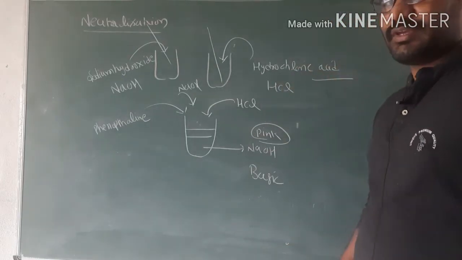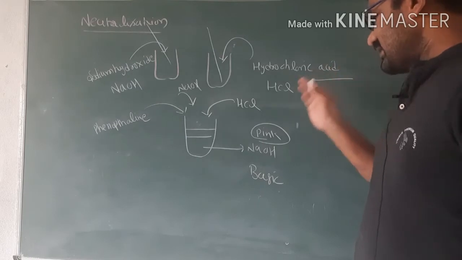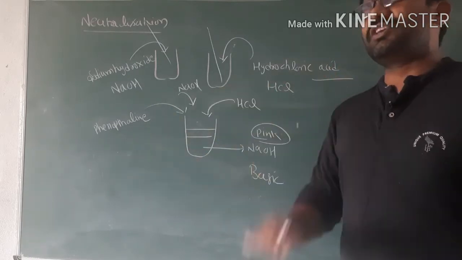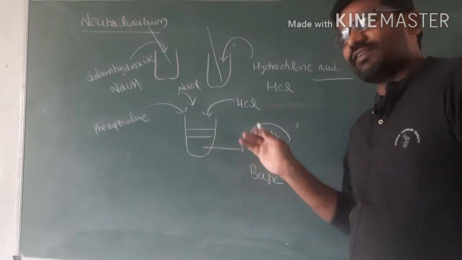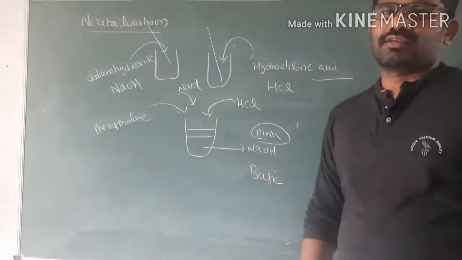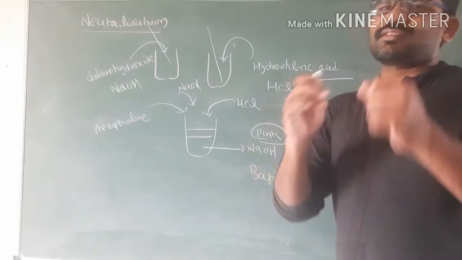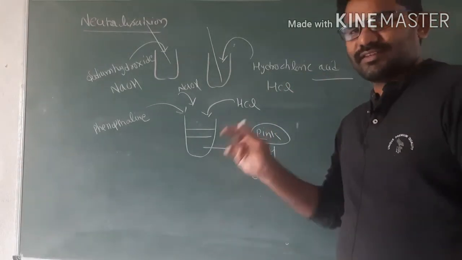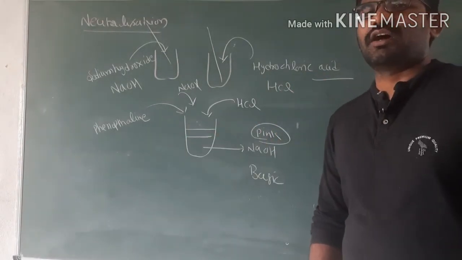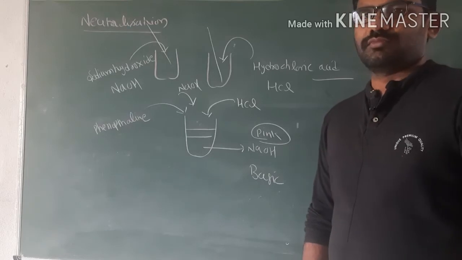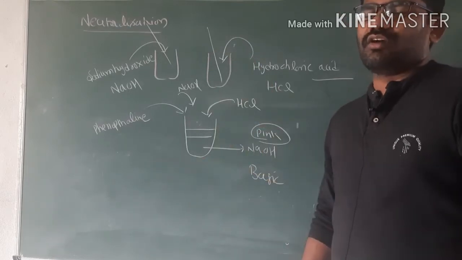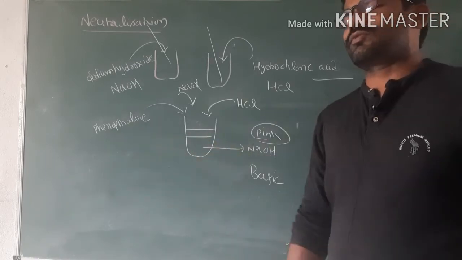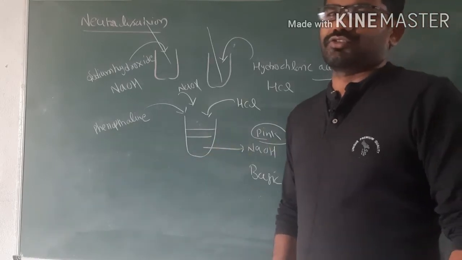That means an acid is diminishing, or lowering, the strength of a base. This process of reaction of acid with base is called neutralization. I repeat, the process of reaction of acid with base is called neutralization.